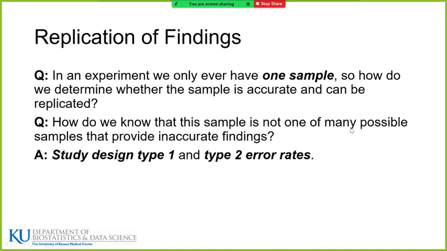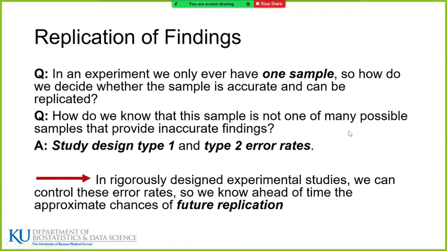The type 1 error rate is the false positive rate. It basically says if the truth is that there is no treatment effect, there is no association, what are the chances I'm going to find one? So it's a false positive finding.